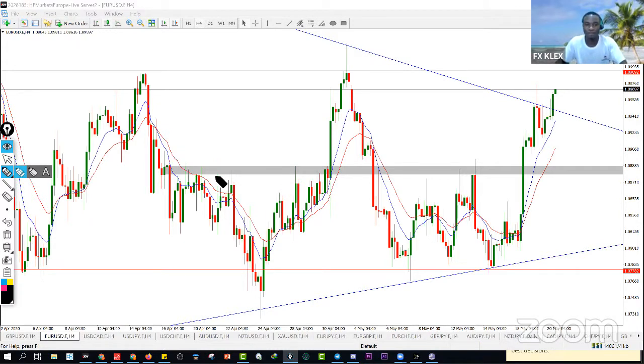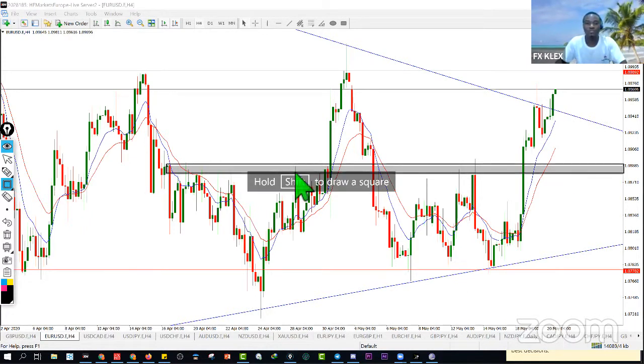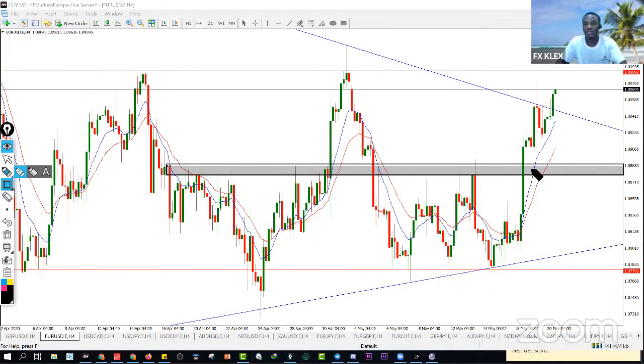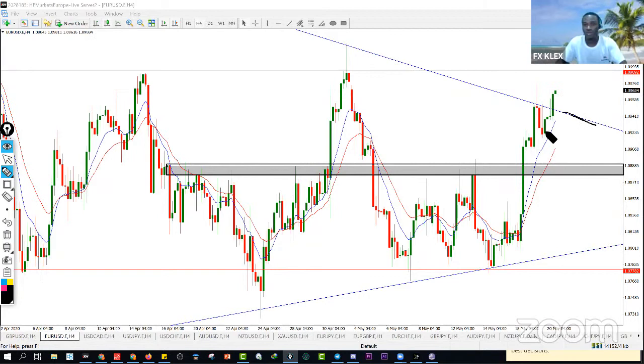I'm going to use this box to identify it. This was a support which I pointed out, and this zone can act as a hindrance zone. As well, we have a dynamic support line here, which price actually broke.